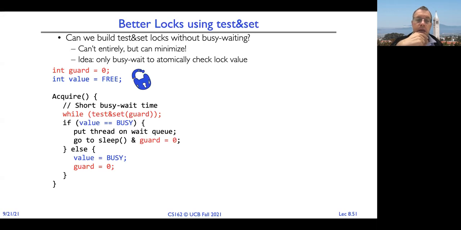Okay. And we initialize it to 0. So while guard, if guard is 0, then you are going to acquire the lock, so the while will exit, right? Because remember, test and set returns the current value of guard, that is 0, and sets it to 1. So you exit the while loop, and then you set the value, right?